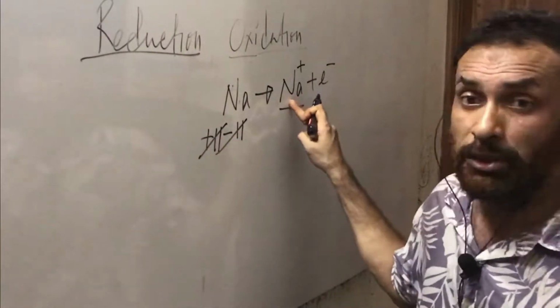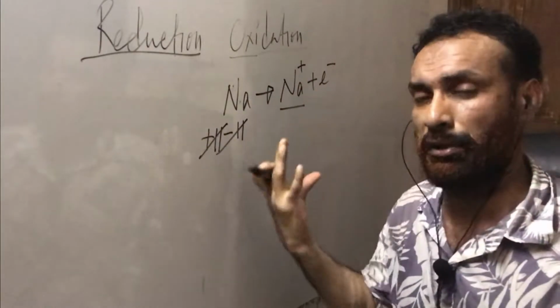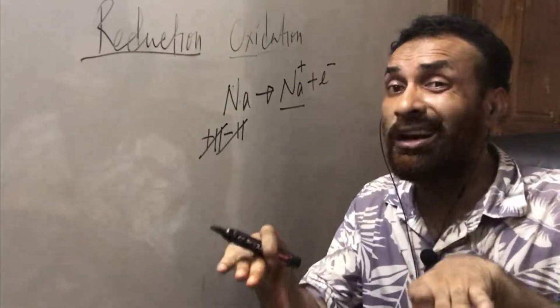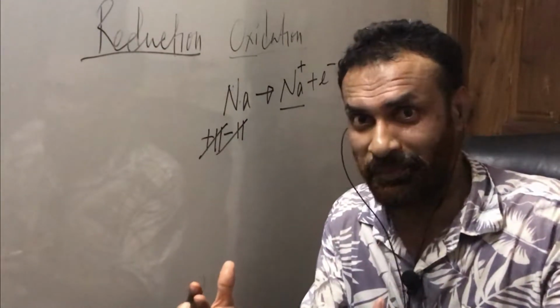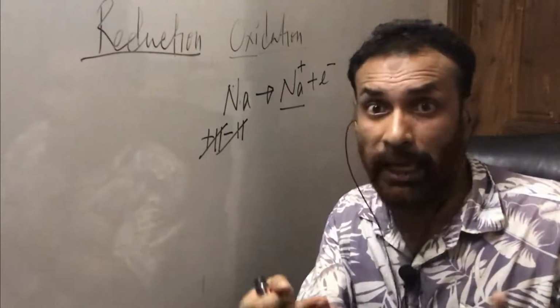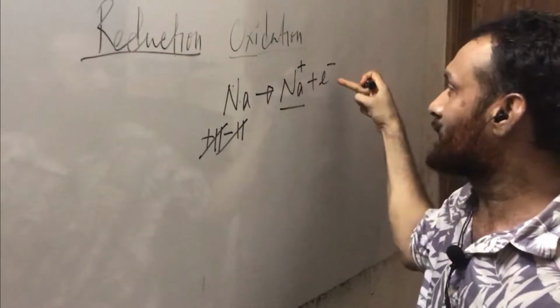But this sodium ion is not neutral. Why? Because it has lost an electron. After it loses an electron, it has one less electron than its protons. So the sodium ion has one more proton than electrons. This is how you get a 1 plus charge after losing an electron.